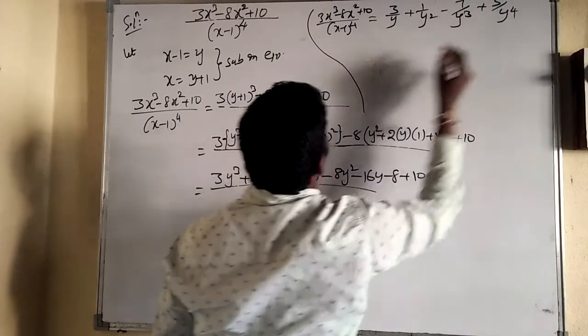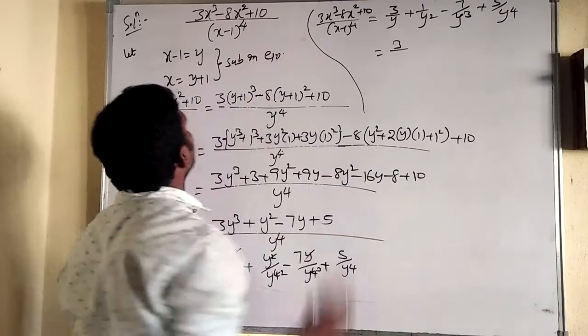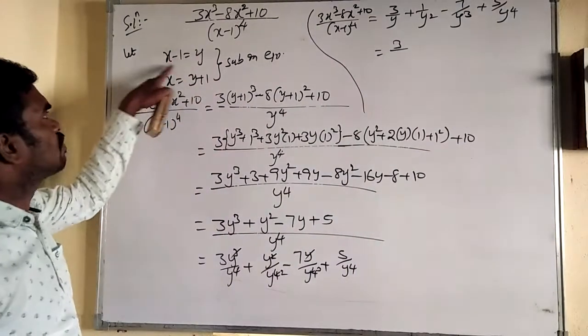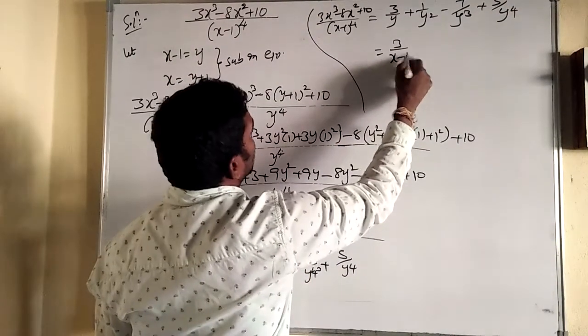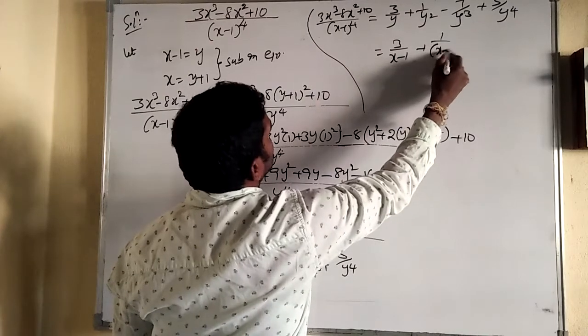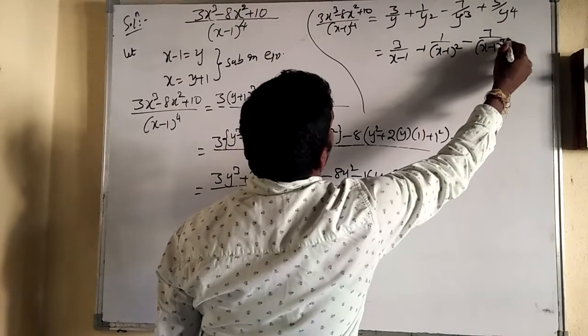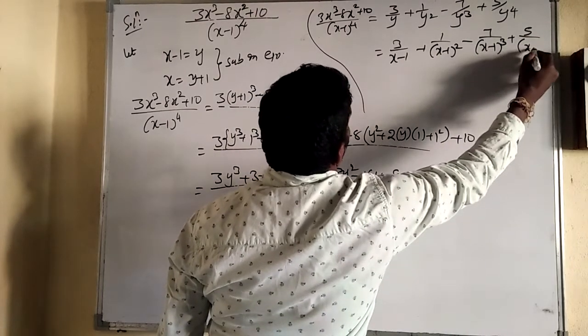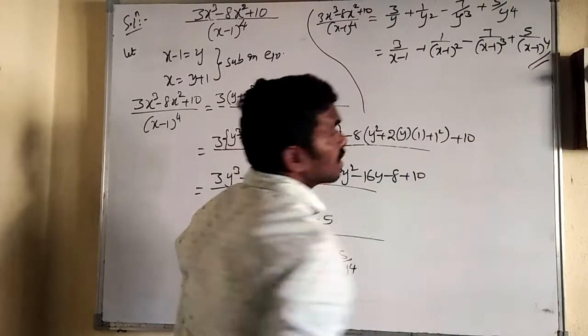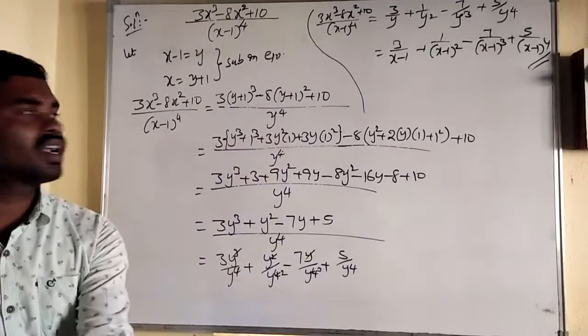Almost all we completed. Finally, what do you mean by y? y means x minus 1. Okay. So 3 by x minus 1 plus 1 by x minus 1 whole square minus 7 by x minus 1 whole cube plus 5 by x minus 1 whole power 4. Completed. Okay, the different method we completed.